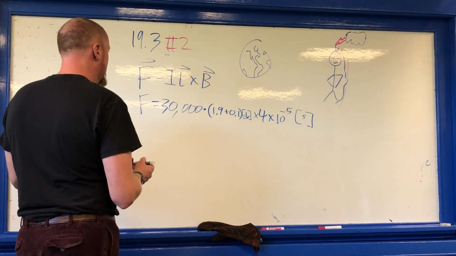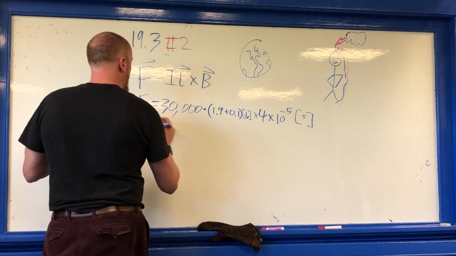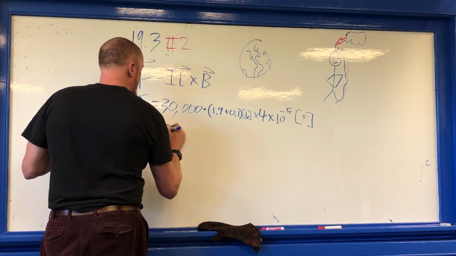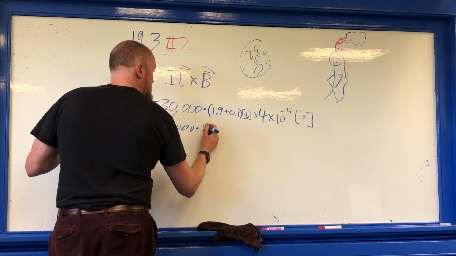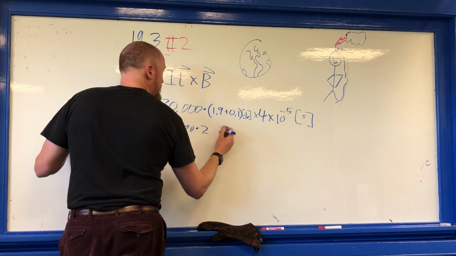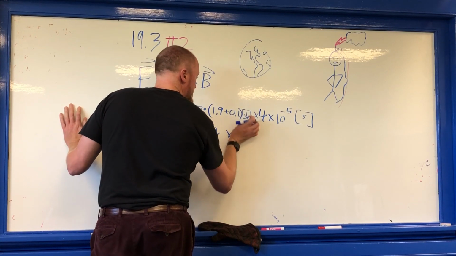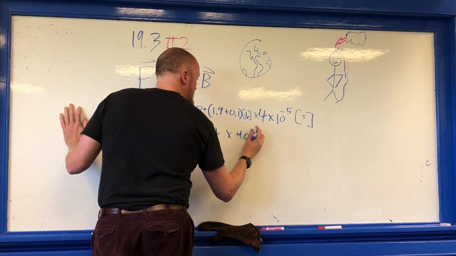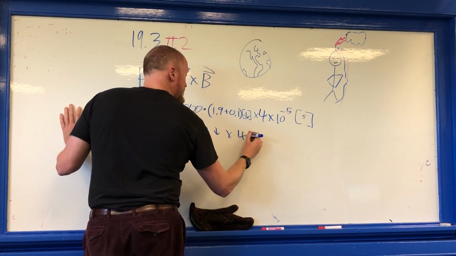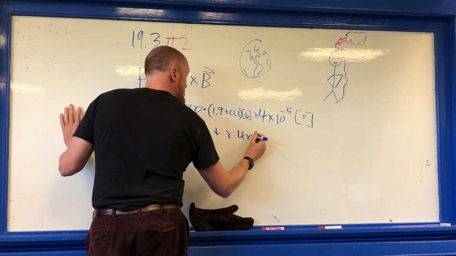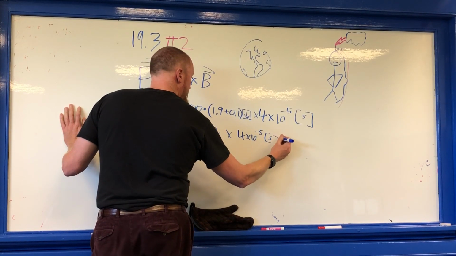All right, so doing the math here, let's start out by F equals 30,000 times 1.9 plus 0.1 is 2 down times 4 times 10 to the negative 5 south.